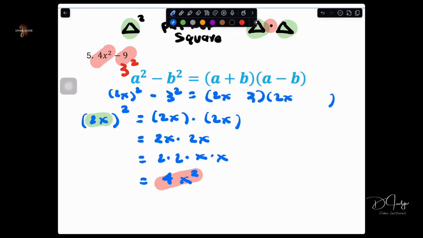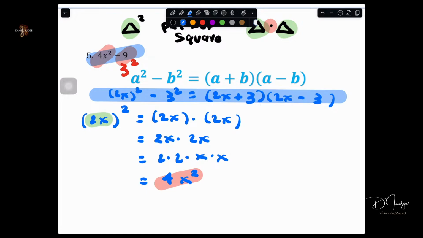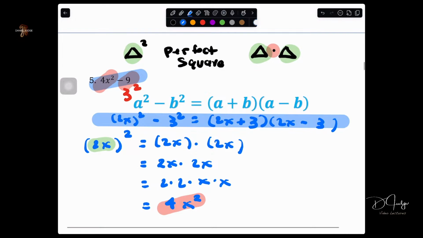The b term is 3. And again, it's plus and minus. So what you're really looking at is the phrase 4x squared minus 9 that was given to you on that left side. And that will be 2x plus 3 times 2x minus 3. And this is how we factor the difference of perfect squares here.